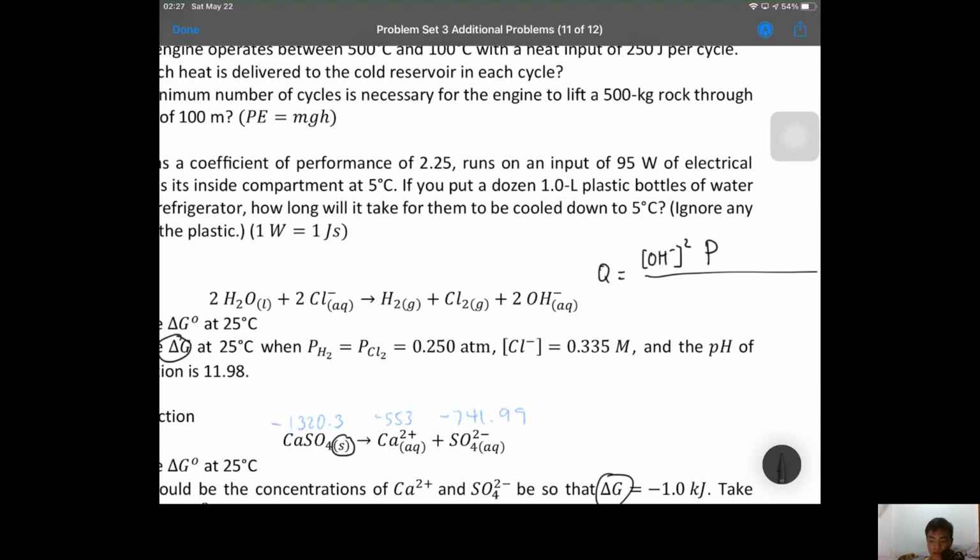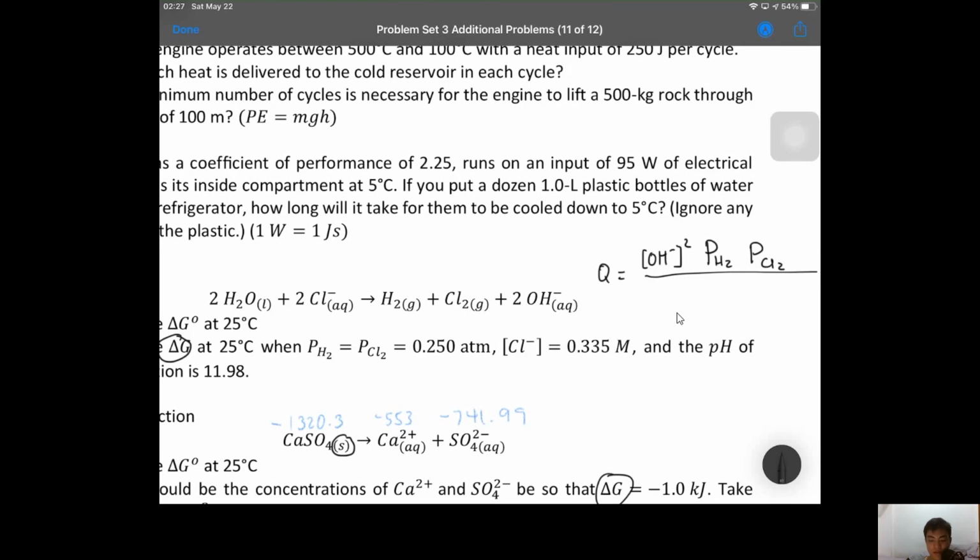Pressure. Yan. Pressure H2, pressure Cl2. The pressure should be 1 molar. Okay? So, kailangan 1 molar yan. Okay? And yun yung nasa numerator natin. We have the H2, the Cl2, and the 2OH.